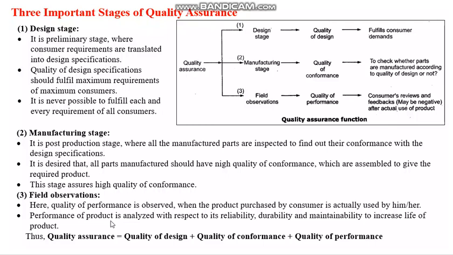Then how is it performing? Performance of the product is analyzed with respect to its reliability, durability, and maintainability to increase the life of the product. Now this is the third stage of quality assurance, field observations. Here, the term that we are looking at is the quality of performance.